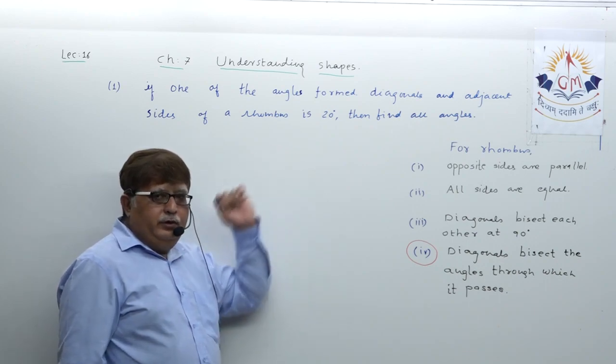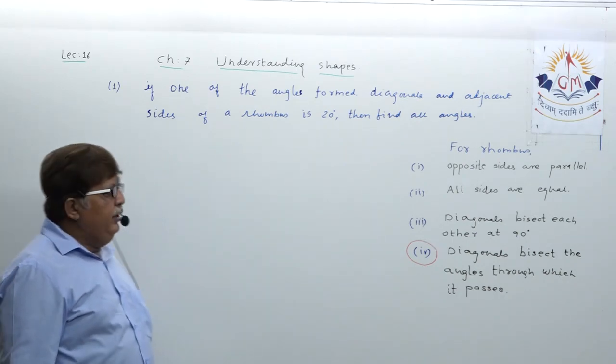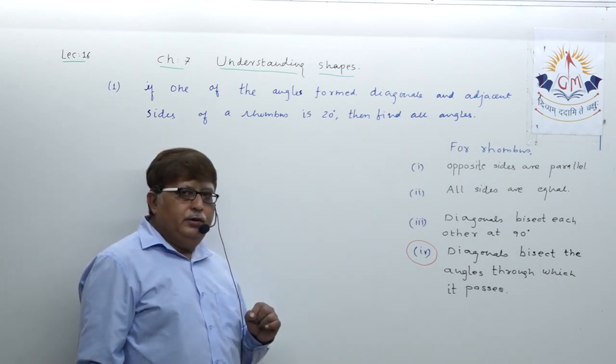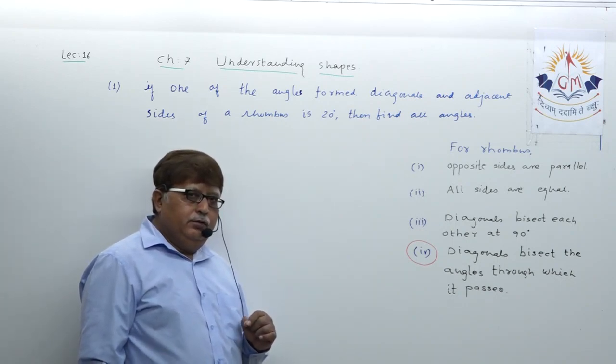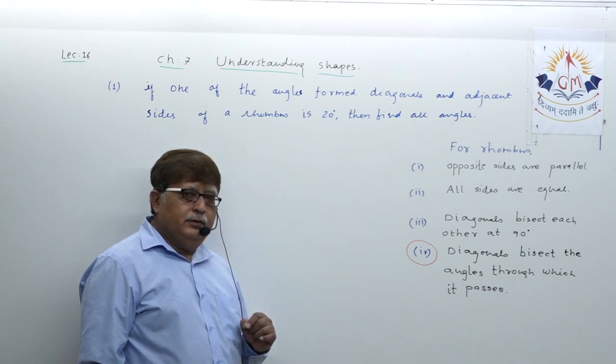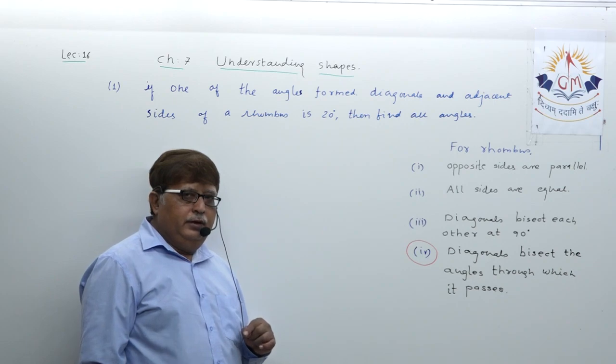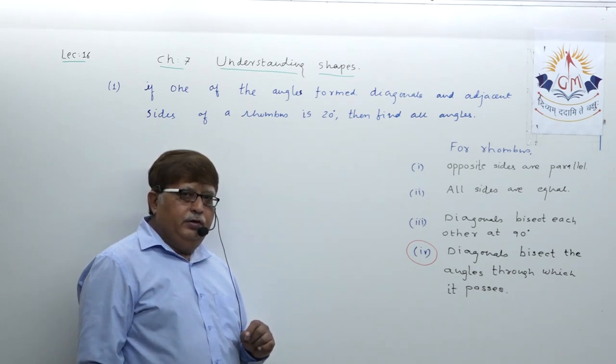So here, see, they have made it clear: one of the angles formed by diagonals and adjacent sides of a parallelogram is 20°.